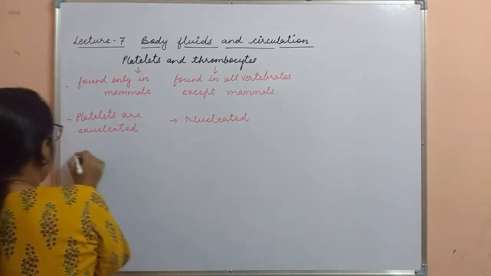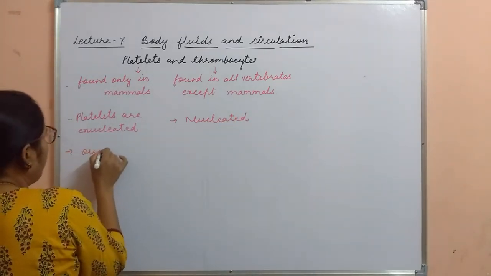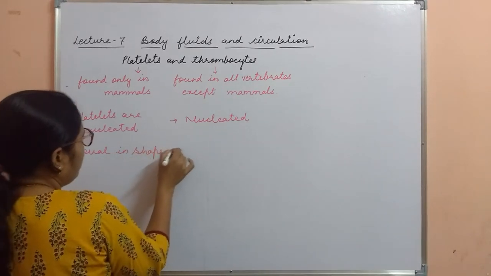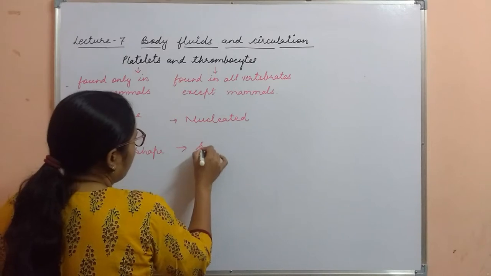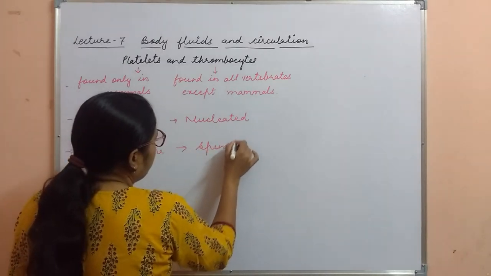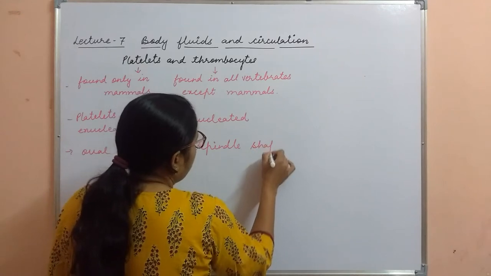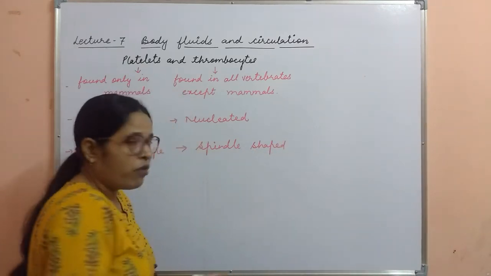The platelets are mainly oval in shape, but the thrombocytes are spindle shaped. Okay? So thrombocytes are spindle shaped because of the presence of the nucleus.